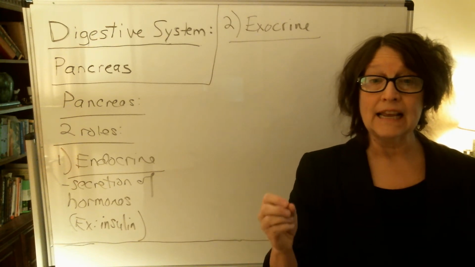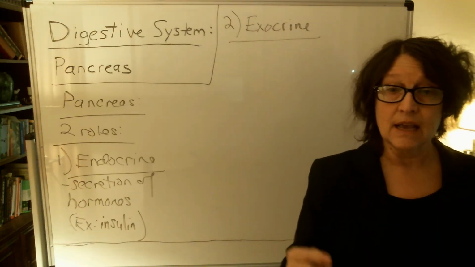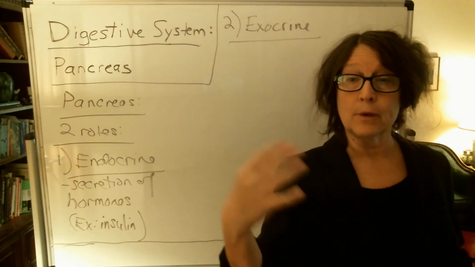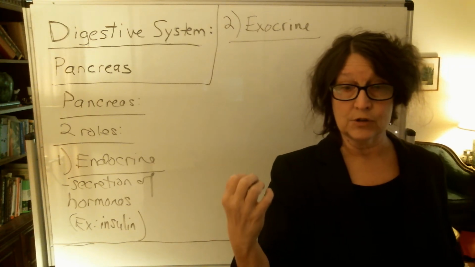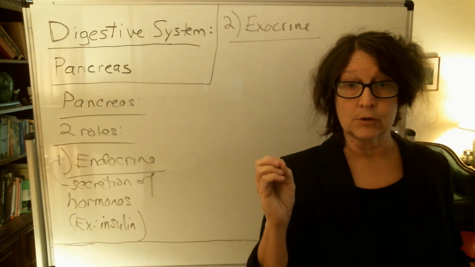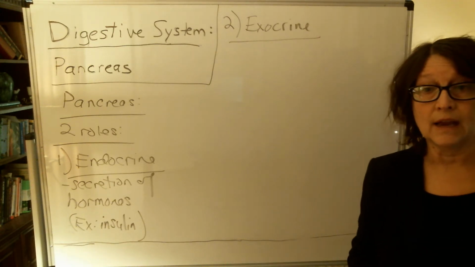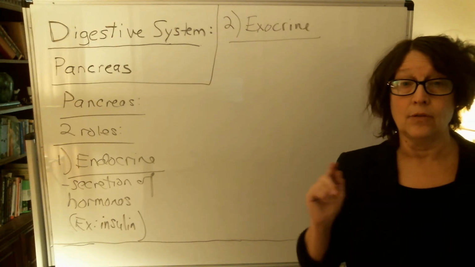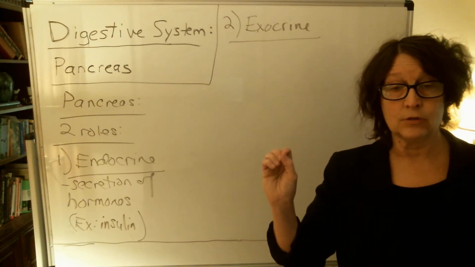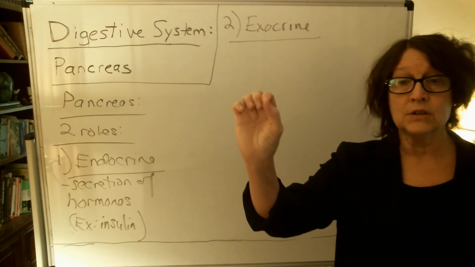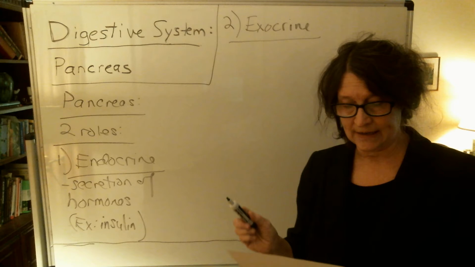On the other hand, endocrine secretions from endocrine glands simply go into your bloodstream and are carried all over the body, and they affect their target tissues by way of some fancy chemistry, which we will discuss another time. Right now we're talking about the exocrine function of the pancreas, which in this case means that various pancreatic secretions flow through a tube to the place that they're going to wind up affecting.